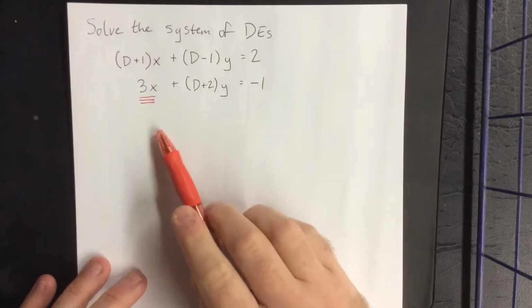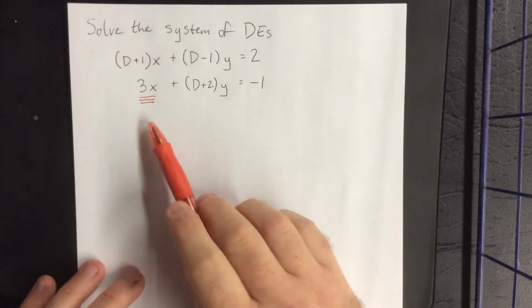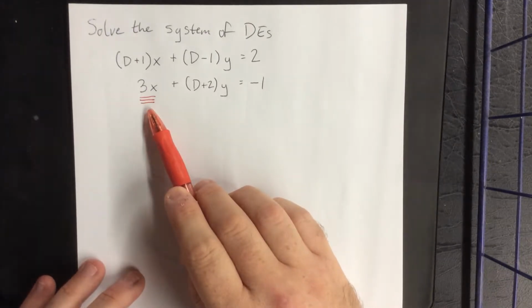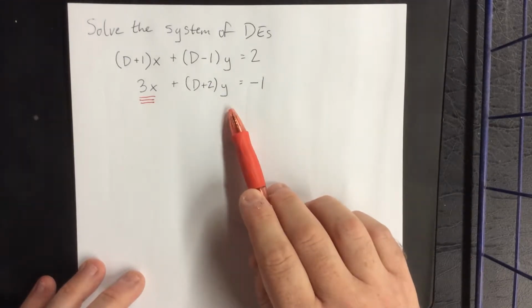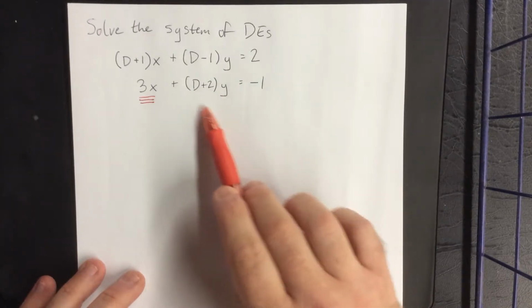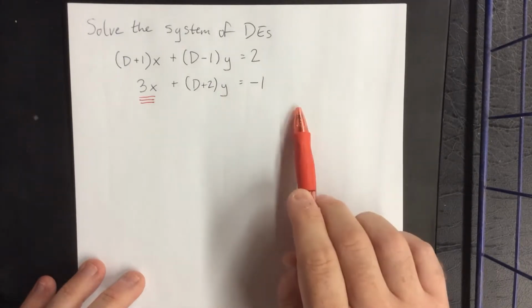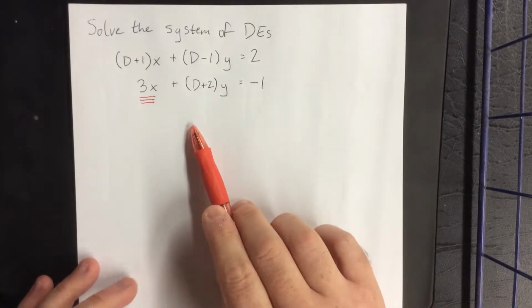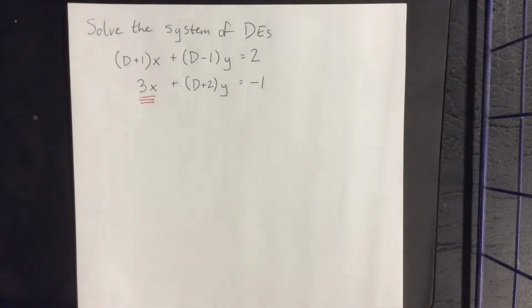The reason is that there is no differential operator on it. So if I want to solve for x at the end of the problem, quite literally all I would need to do is plug in a value for y, evaluate d plus 2 of that function, move it to the other side, and divide both sides by 3. That'll give us algebra to do rather than the solution of a differential equation.